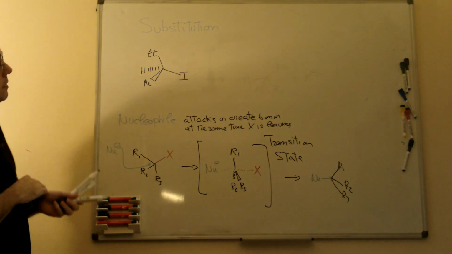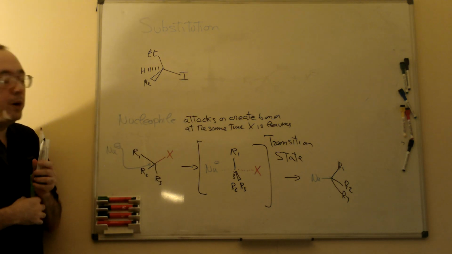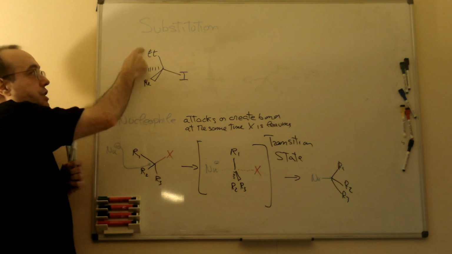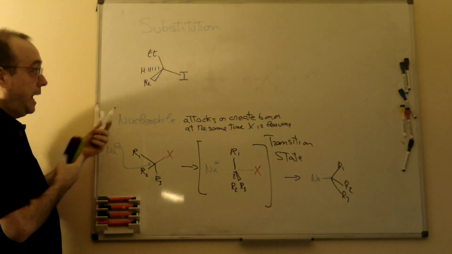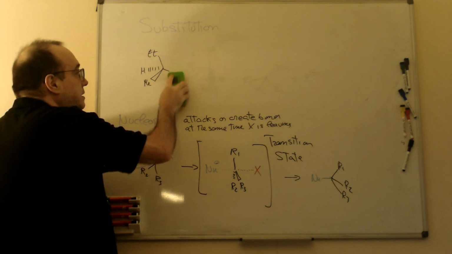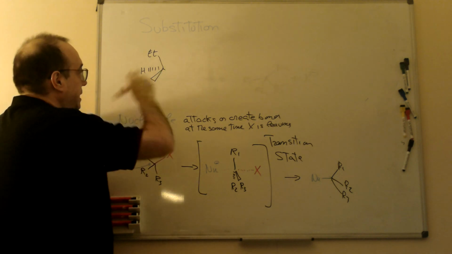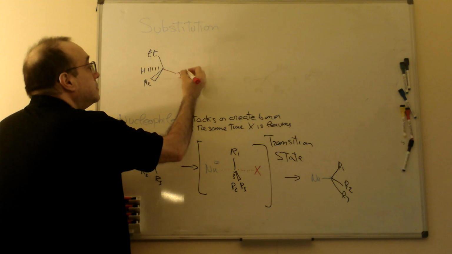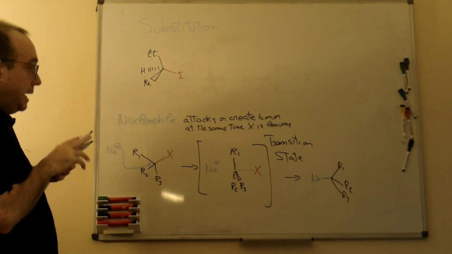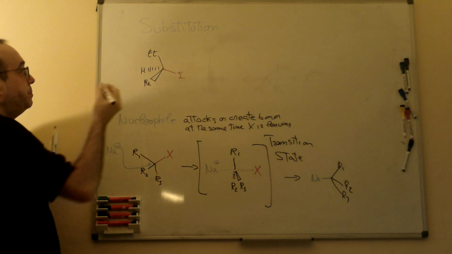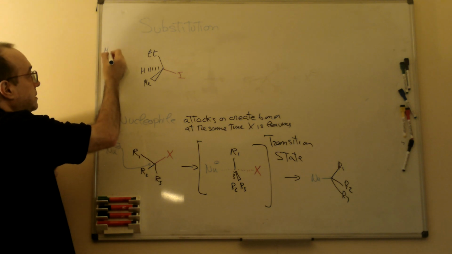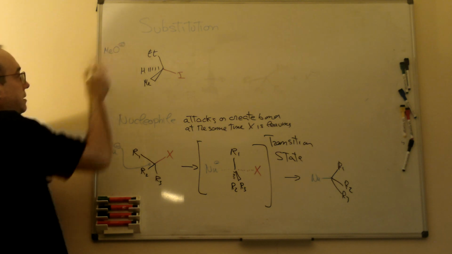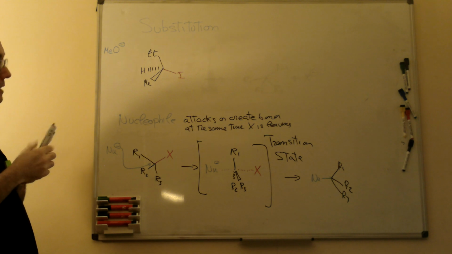We have this compound that has a methyl, a hydrogen, an ethyl, and an iodide. Iodide is the halogen, and the iodide will be the leaving group. And then as a nucleophile, we will use, for example, sodium methoxide, a very good nucleophile.